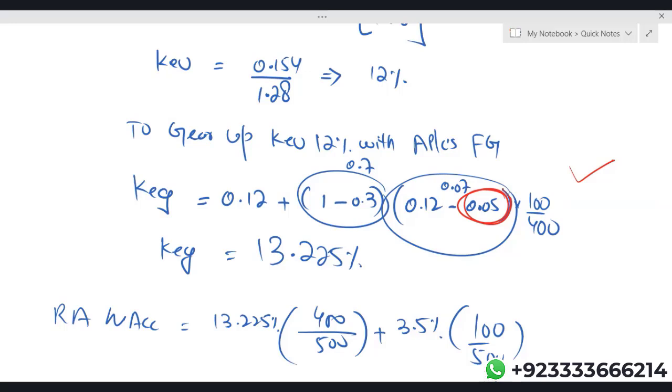Please, I'm repeating it: while de-gearing and gearing up, KD remains same. That is the assumption.